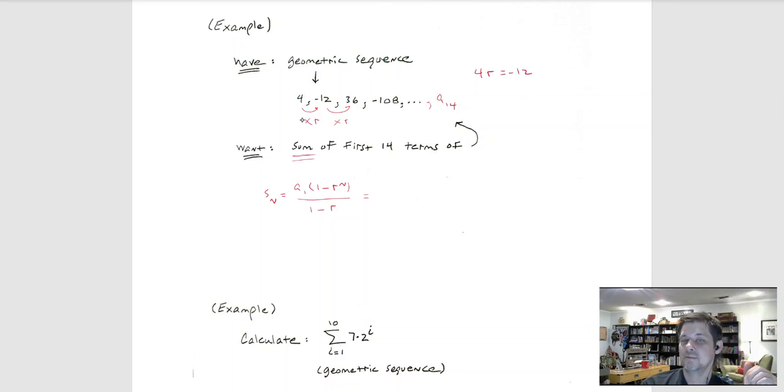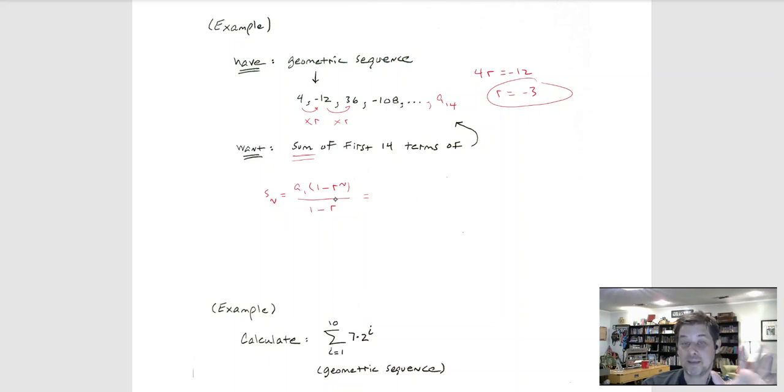So I wrote down 4 times r is negative 12, and then I'll solve for r, and I'll get negative 3. Negative 12 divided by 4 is negative 3. I would have gotten the same answer if I had written down negative 12 times r is 36. Just pick 2 of these and write down the equation that's applicable between the 2 of them.